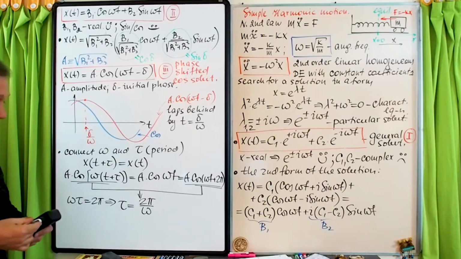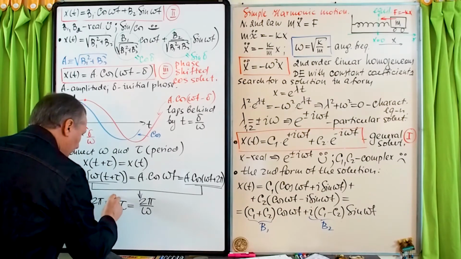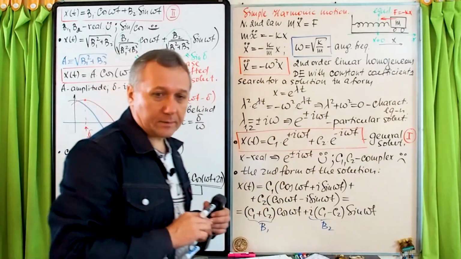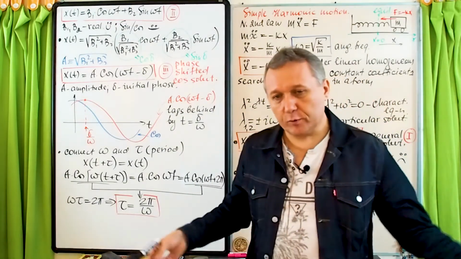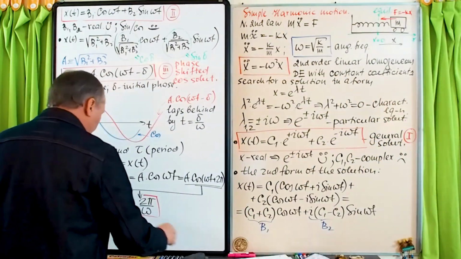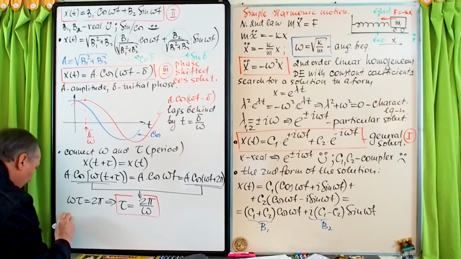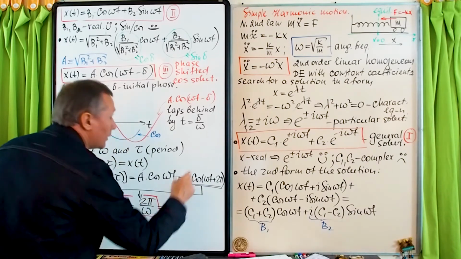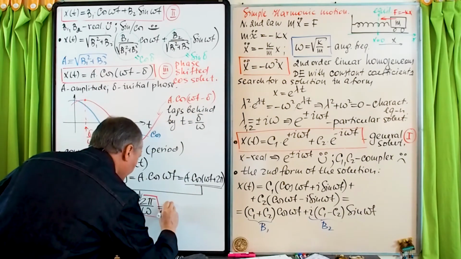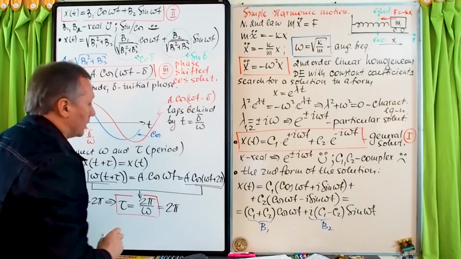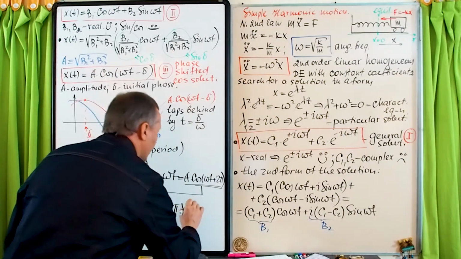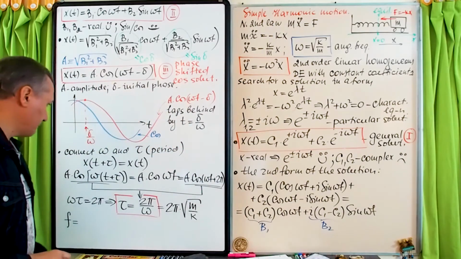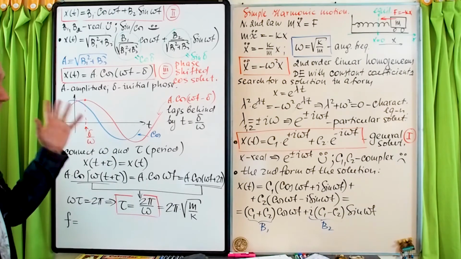So that's how these two parameters of the system are related. And of course, we can introduce the frequency f. Let me write first the period in terms of k and m: it will be 2 pi square root of m over k. Yeah, m went upstairs here.